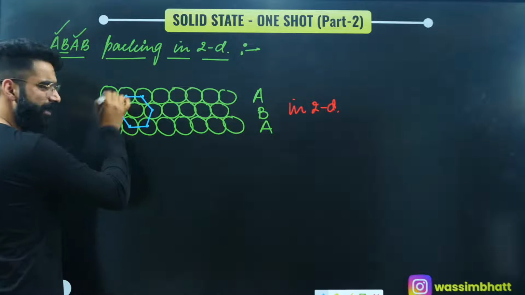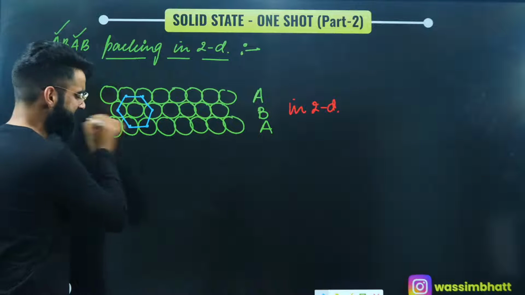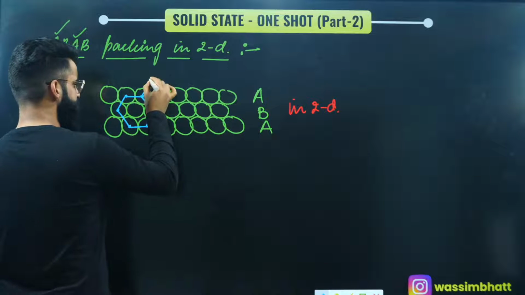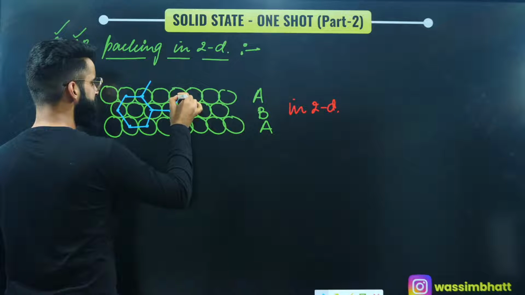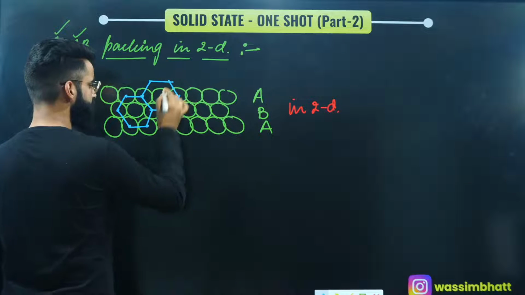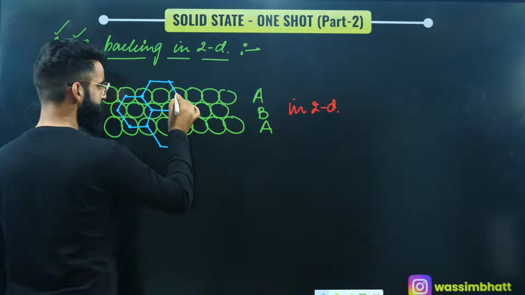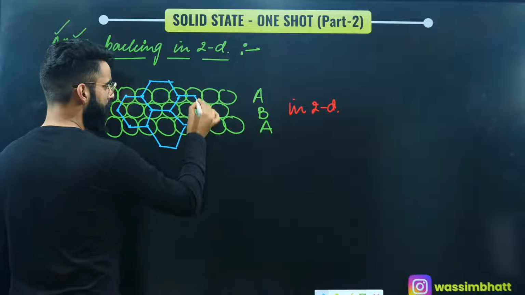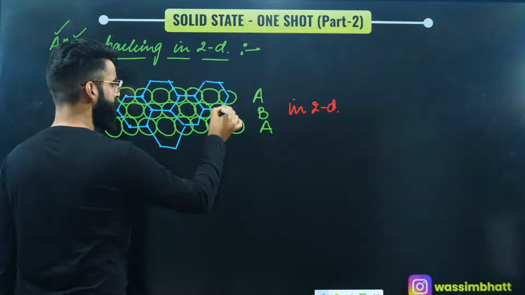I get one hexagon over here, absolutely. If I repeat this hexagon in all the directions like this, can I say I'll be generating the whole crystal lattice?